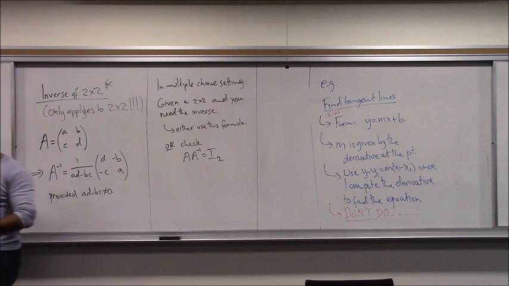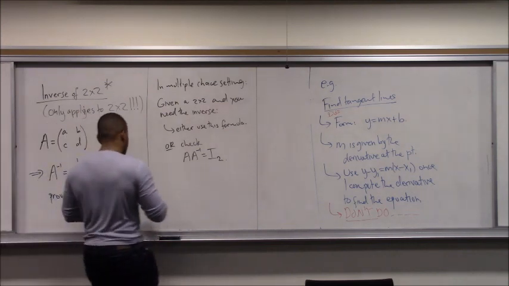So maybe I should show you an example of that, even though I wasn't planning on doing it. Was there someone who found an inverse? I don't have the answer. Let me make up an example.